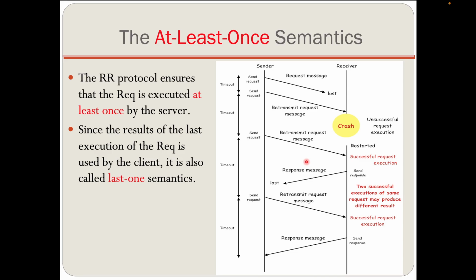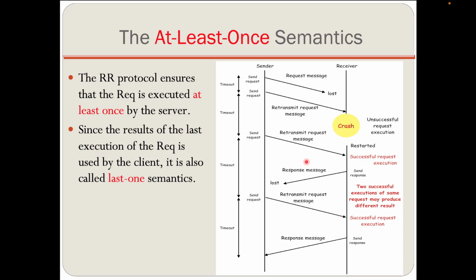So at-least-once semantic is only proper for idempotent services, because with any multiple execution without side effect, the last one becoming effective is alright. But if a service is non-idempotent, then this at-least-once or last-one semantic becomes improper.